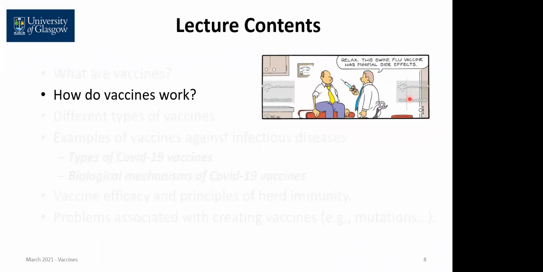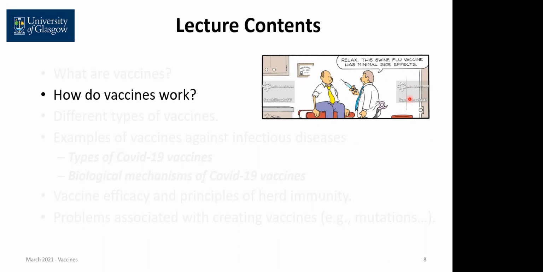So we're going to move on to talk about how vaccines work, and specifically I'm going to talk about the role of the immune system and essentially what is happening within the immune system when you are vaccinated. So I hope for the vast majority of you, this will be a recap of things that you were taught in the early years of your BDS course.